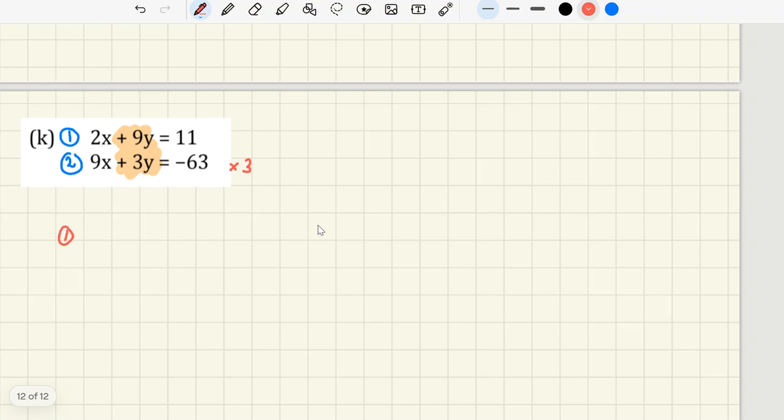So that gives me, number 1 is still 2x plus 9y equals 11. But the new number 2 is now 27x's plus 9y equals 3 times negative 63.